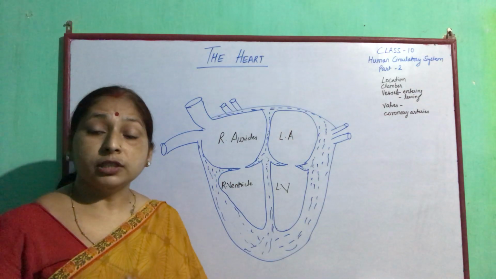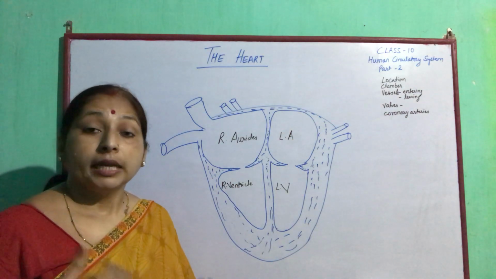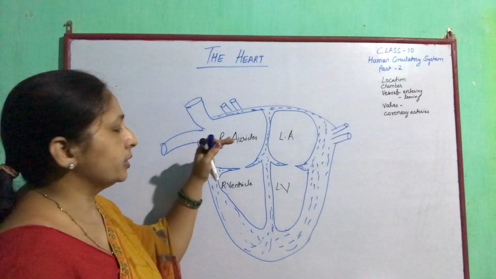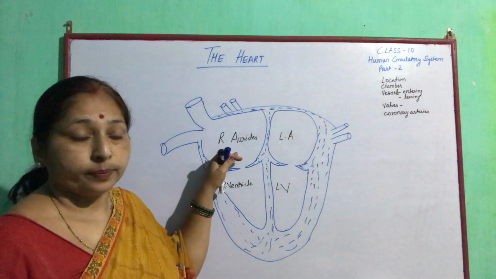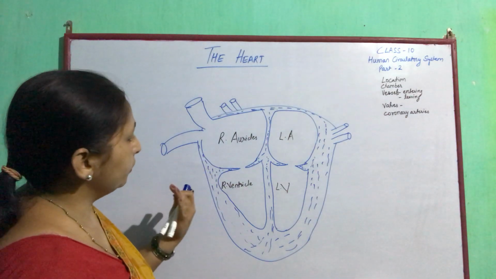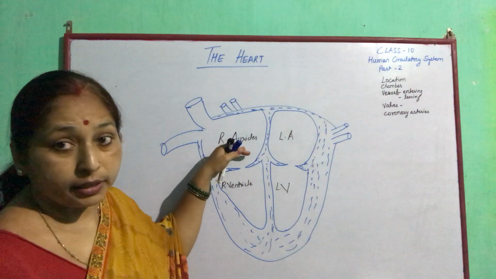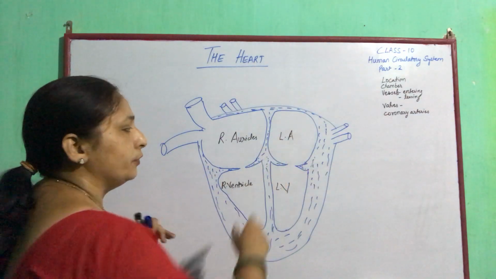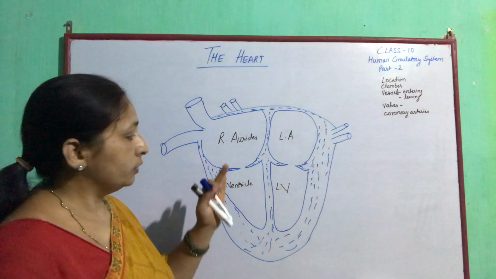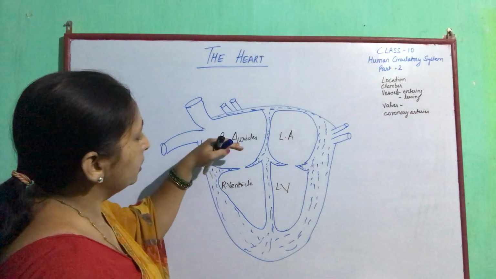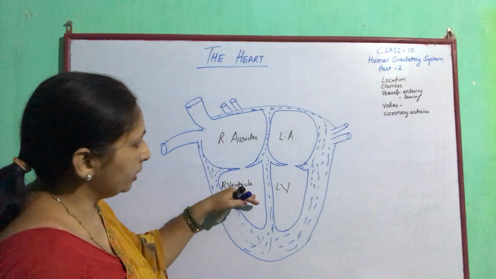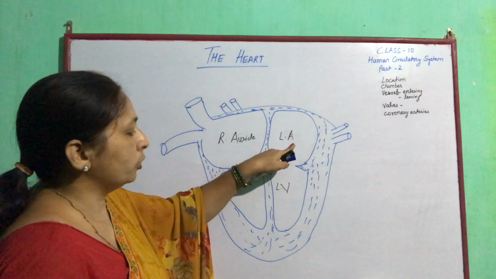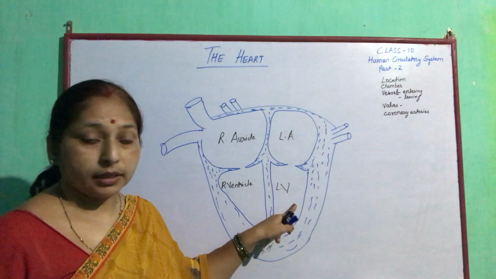But in a diagrammatic representation, the left side of our body is written as the right of the diagram. So here, the left of my diagram is the right auricle. This one, the right side of my diagram, is the left auricle. So these are the right auricle and right ventricle, and this is the left auricle and left ventricle.